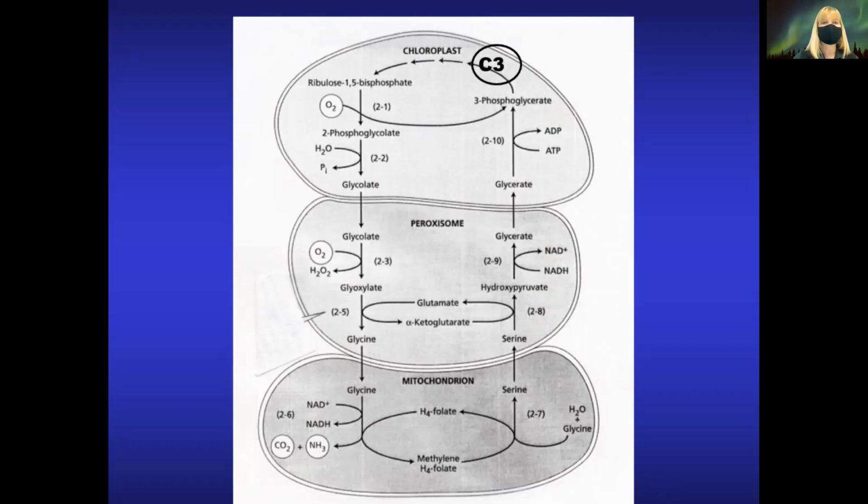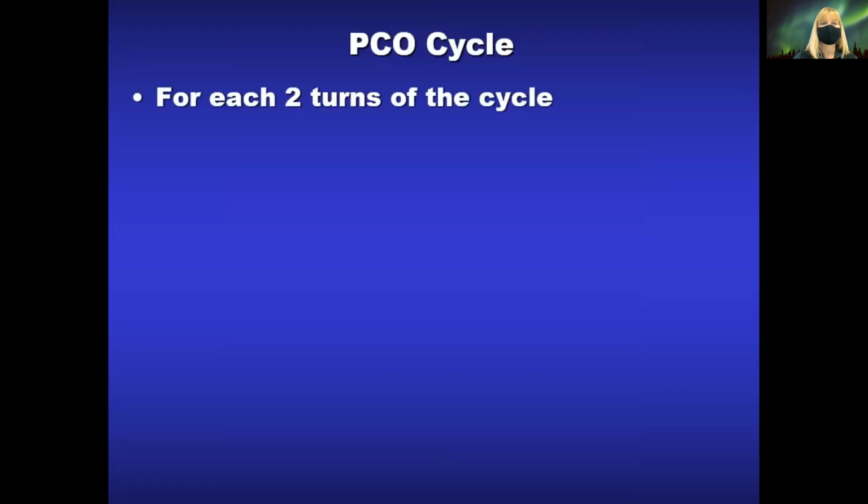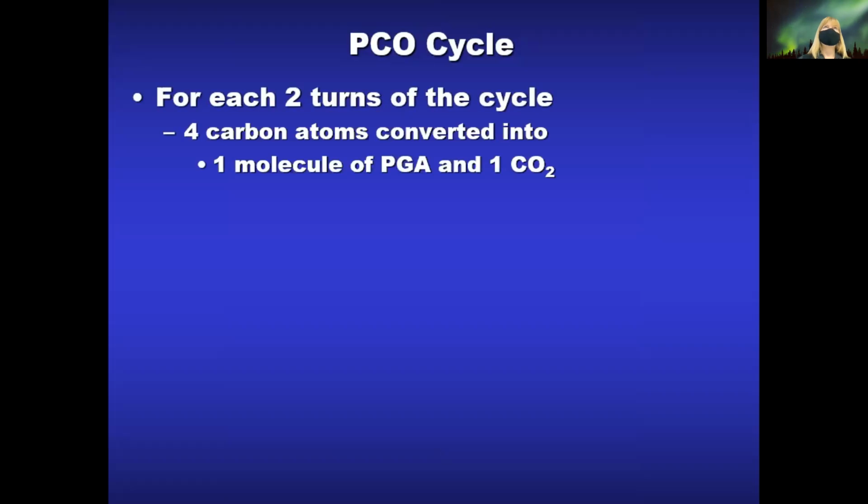So, okay, let's move ahead a little bit and think about this. What we just described is that essentially you have to run that cycle twice to get enough carbons to eventually make a PGA molecule. And so you'll get that glycine forming in the mitochondria, and eventually you do get a PGA molecule, which is 3 carbons, but unfortunately you lose a carbon in the form of CO2.